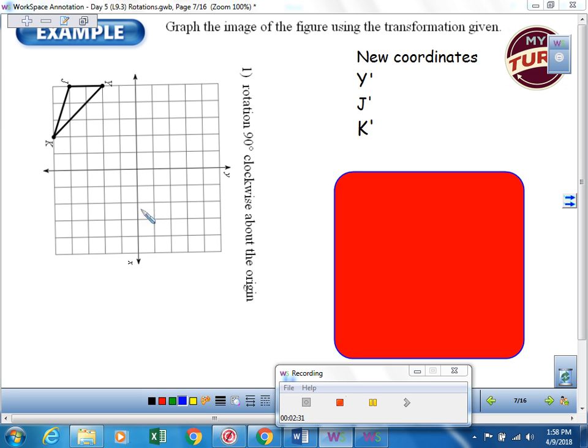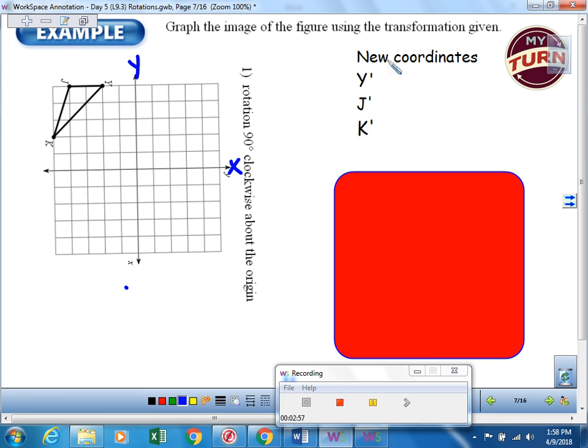Now you're going to pretend that this is the y-axis and this is the x-axis. Like, this is your coordinate plane. This is quadrant 1, 2, 3, and quadrant 4. You're pretending that this is your new coordinate plane. You're going to record the new coordinates.